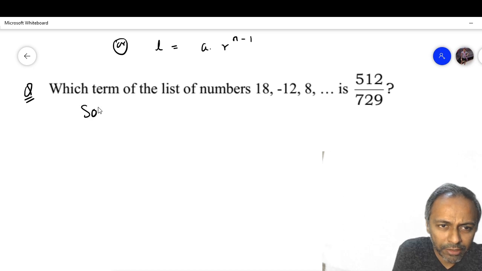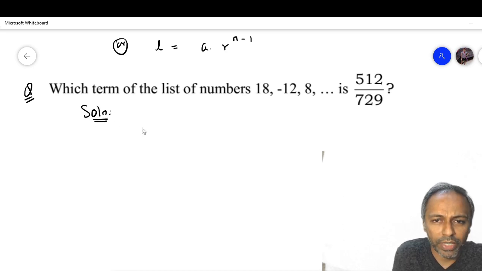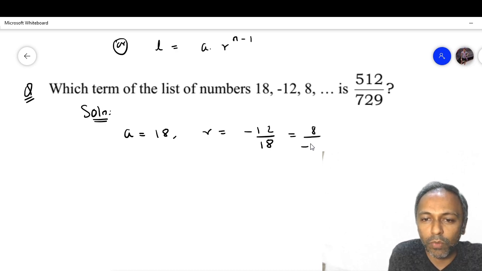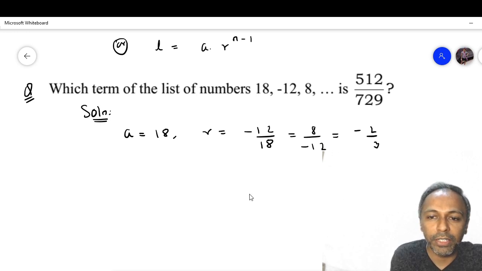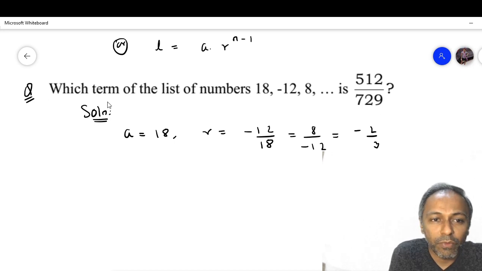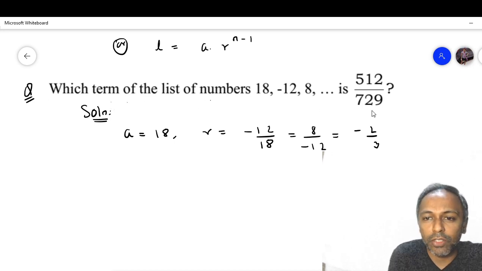Let's verify it. So we can write here the first term is 18 and the common ratio, let's check it, is minus 12 upon 18. Let us also verify, is it equal to 8 upon minus 12? Yes, it is equal to minus 2 upon 3. You can verify it. The last term, they are saying which term of the list of numbers.